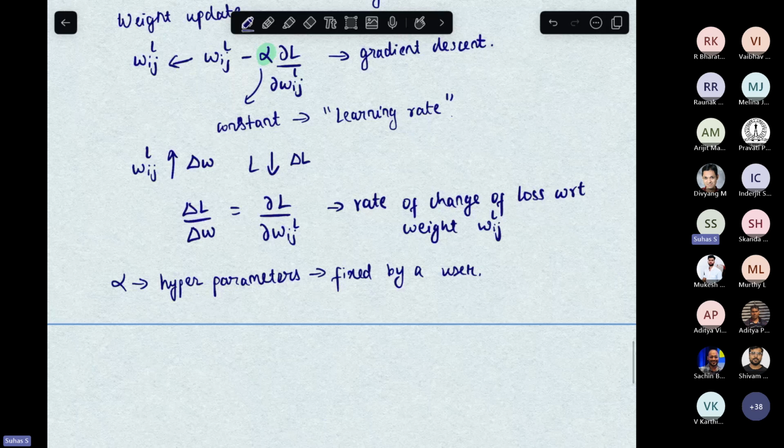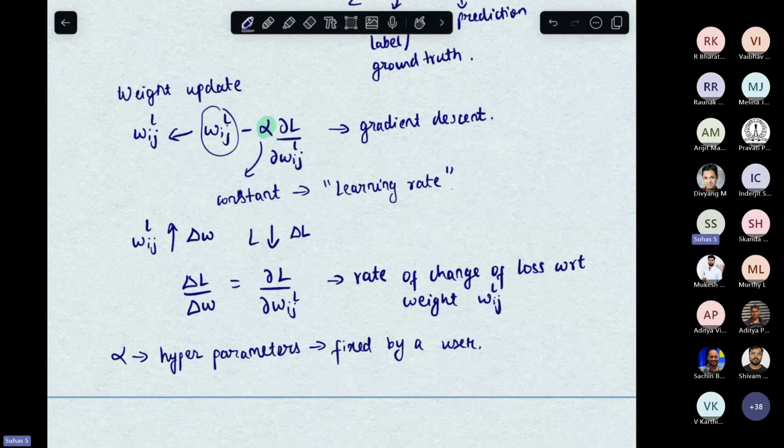Every Wijl will have its own update, because you have the weight itself, and this term is specific to the weight Wij. So every weight is going to be updated in a neural network typically. For every weight you will have a different update equation, and the gradient in it is with respect to the particular weight you're choosing.